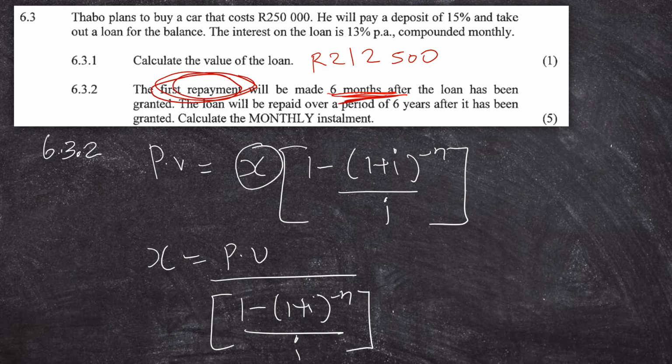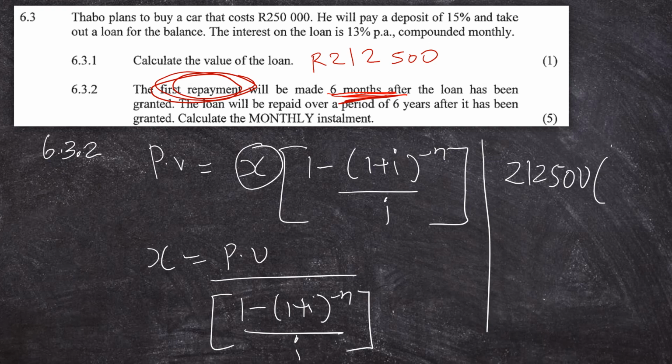So what is going to happen is that the loan that you took, 212,500, is actually going to gain interest. They allow you the first month, but the rest of the time your loan starts gaining interest if you don't make the payment.